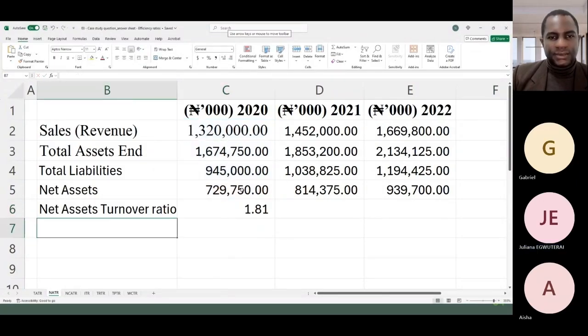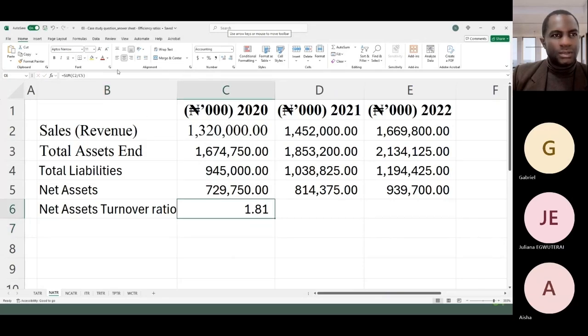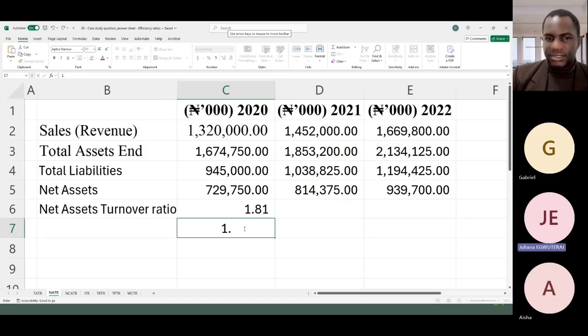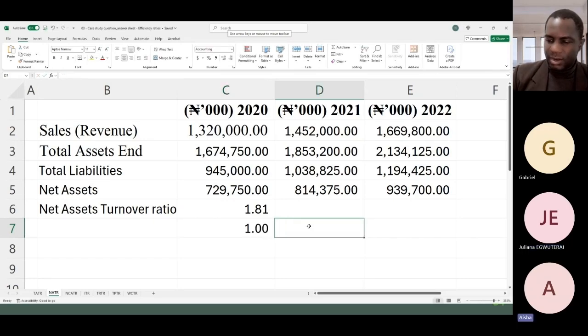Net sales is 1.32 divided by net assets. Wow, the company is doing well with this ratio. Is that what you got in 2020? I got 1.78. For which year? 21 and 22. Actually, what do you get?